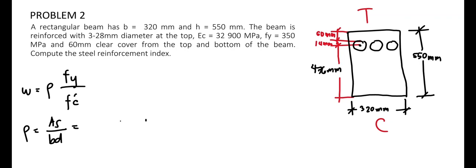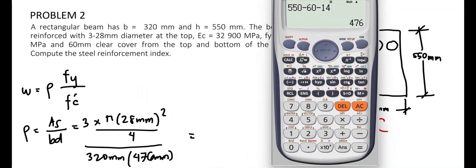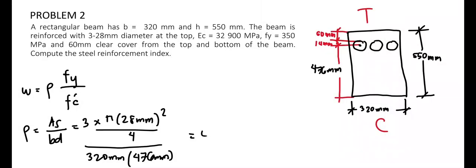So the steel ratio is the total steel area, that is 3 times pi times 28 millimeters squared over 4, divided by a base of 320 millimeters times an effective depth of 476 millimeters. This is equal to 0.012127.